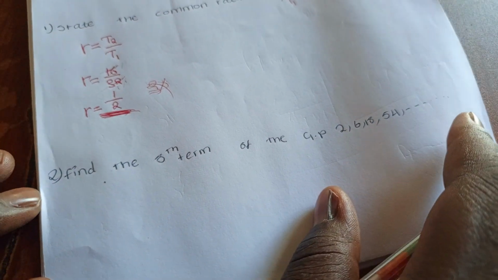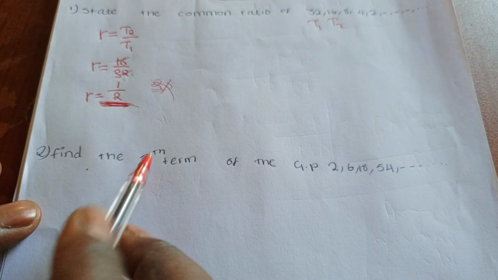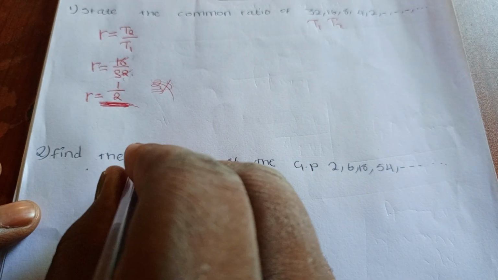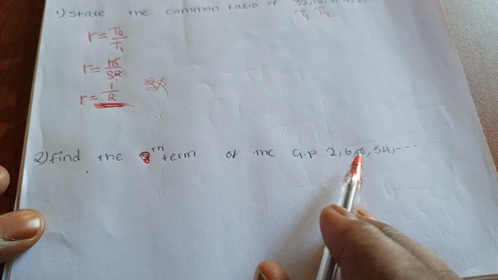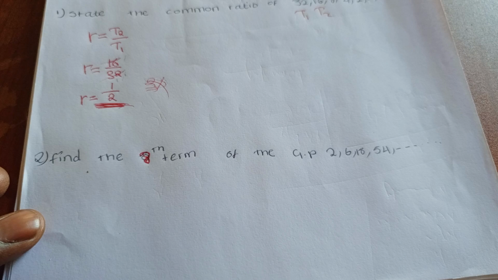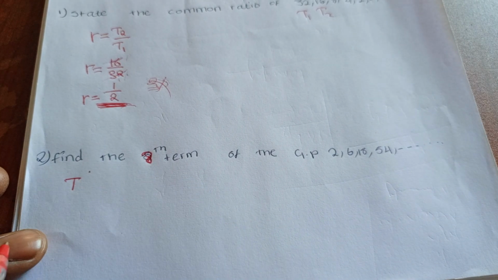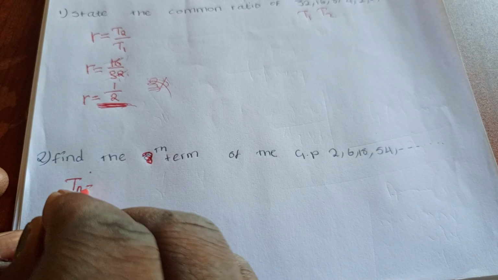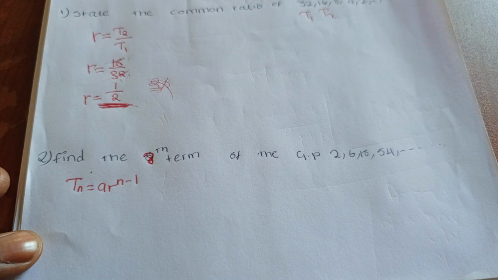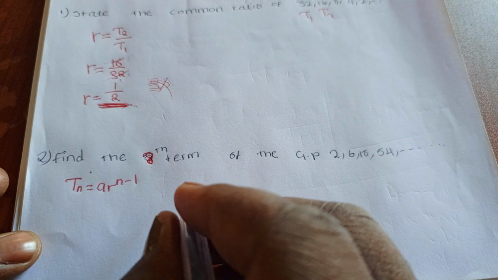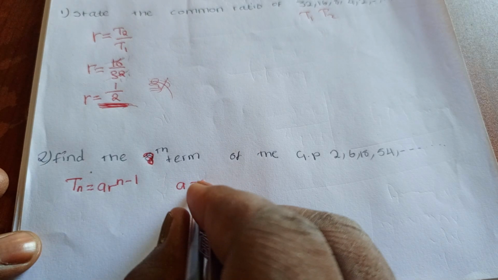Now go to example number 2. It reads: find the 8th term of the GP. I've got a GP here. The formula for finding the nth term is Tn equal to AR to the power n minus 1, where my A is 2, as you can see.